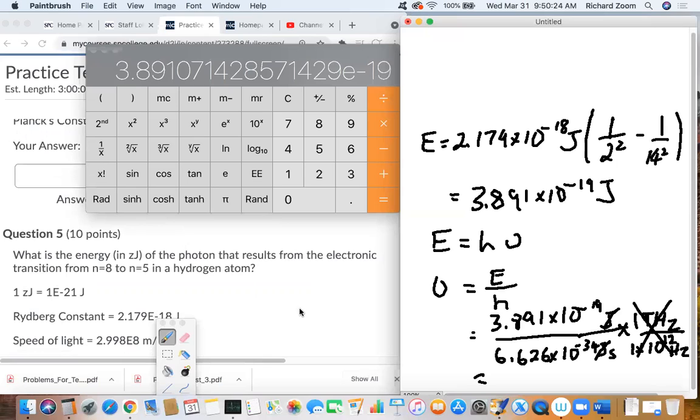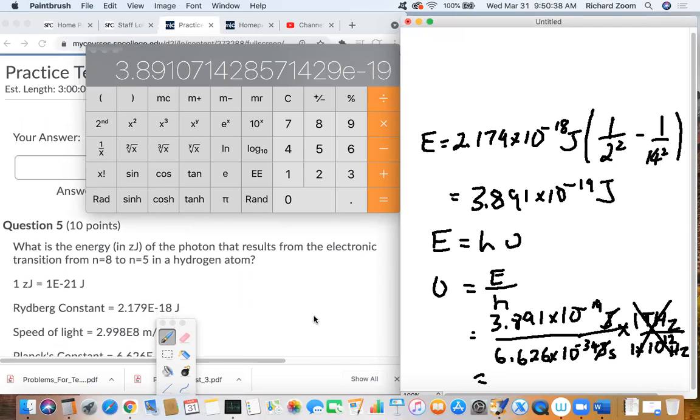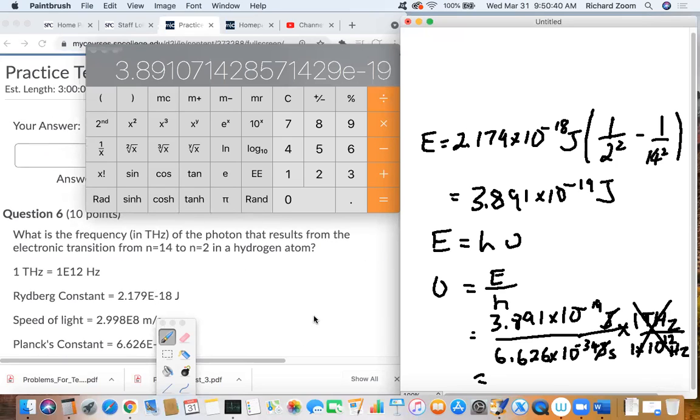It's 1 terahertz. That's the seconds -1. That'd be 14. Did I make a mistake with the question? I don't think so. Let's see, 1 terahertz, 12 hertz. Yeah, for some reason that doesn't look like the units are cancelling properly here. Seconds to the -1.